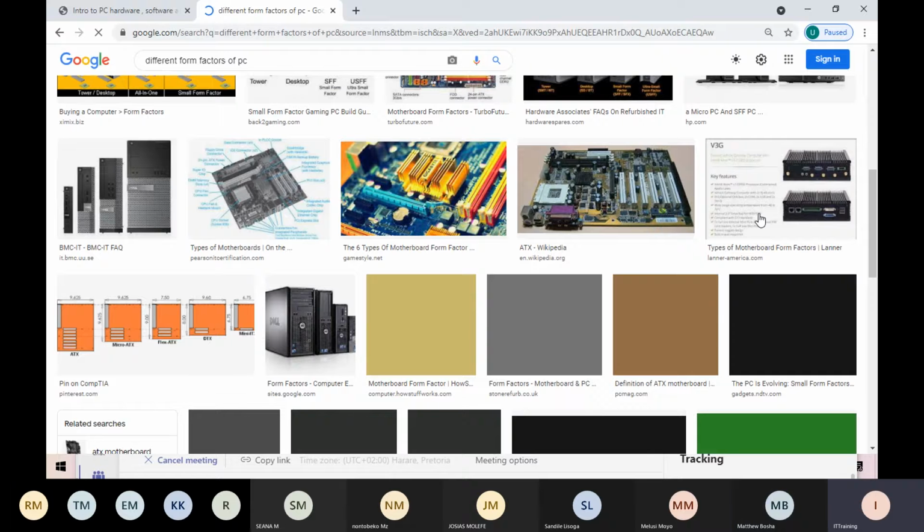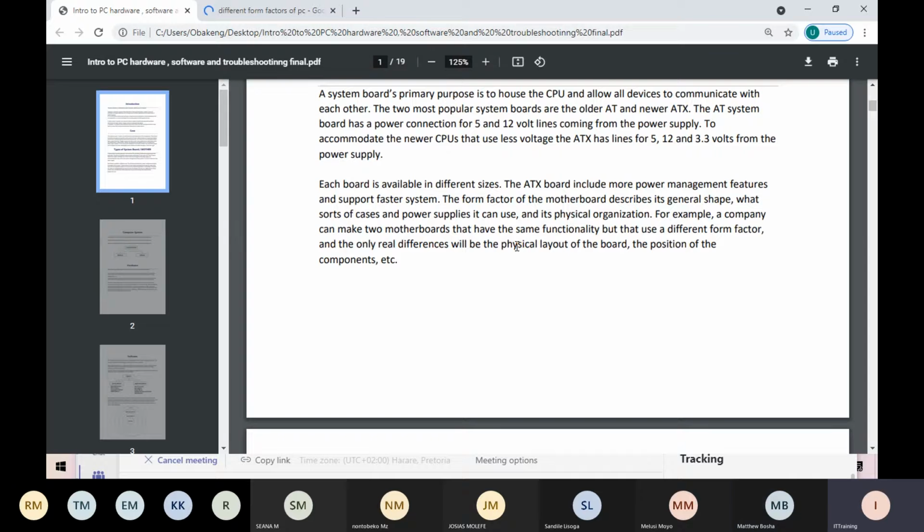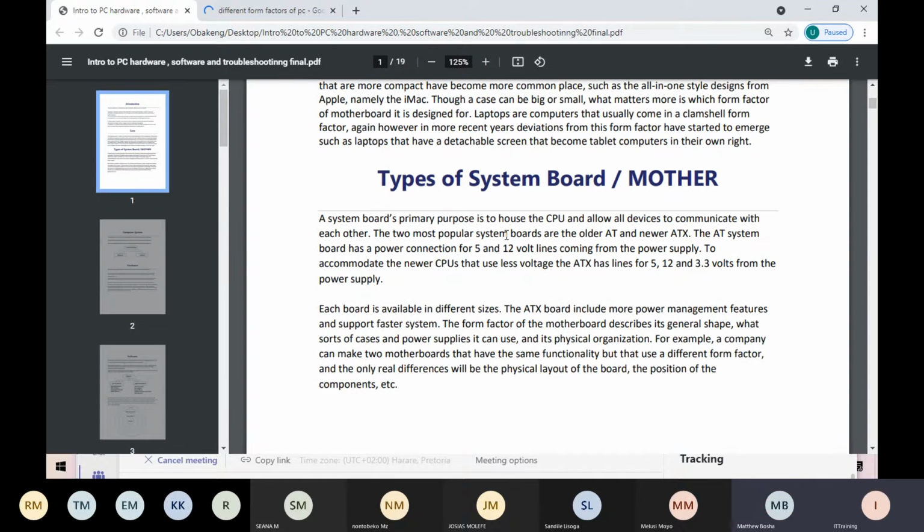Coming to types of system boards. Nkosinathi touched on different types of them, the AT and the ATX, as he showed on Monday. My system seems to be responding very slowly, guys. Sorry about that.